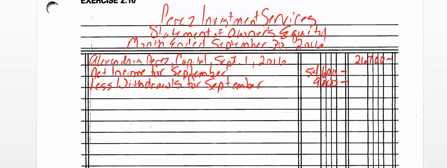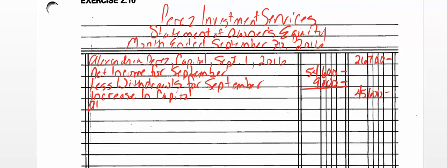And then we're going to put a single line there. And we didn't take out more money than we made, so we're going to have an increase in capital. And that total is going to go on the right hand side. So we're going to subtract 9,000 from 54,600, and we're going to get 45,600. And then we're going to show our new owner's equity account.